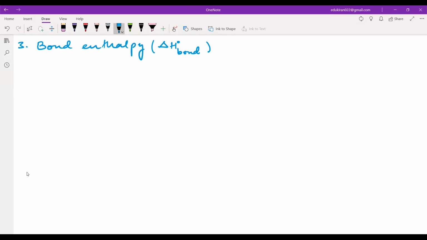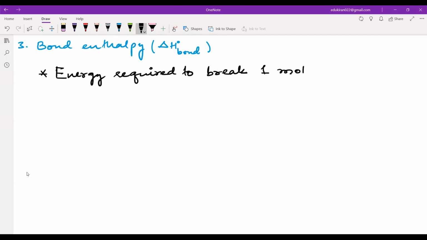If you have an H-H bond, then we will write H bond H. This is simple: the energy required to break 1 mole of a particular bond. Please remember, this is related to a bond.